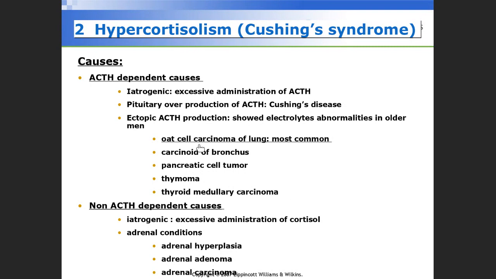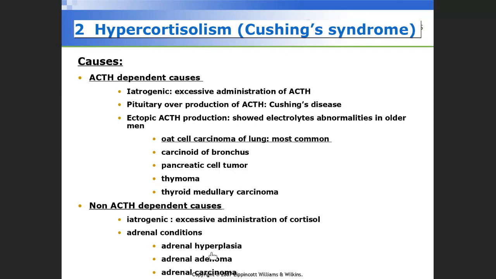Oat cell carcinoma is a good example of a paraneoplastic syndrome that could contribute to Cushing's syndrome, in which it is ACTH dependent. In the ACTH independent type, the ACTH level is low, right?